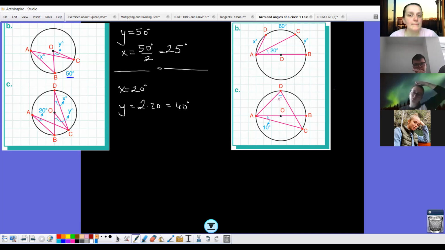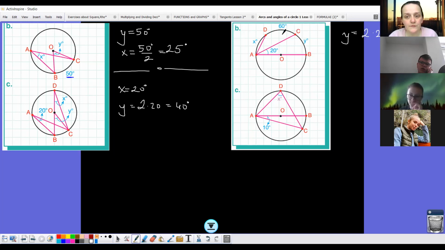Teacher, y will be 40, and then we will do 180 minus 60 minus 40. So here we have y. This one is like an inscribed angle, yeah? It's not in the center, it's on the circle here. So the arc opposite of this angle will be two times the angle, which will be 40 degrees.